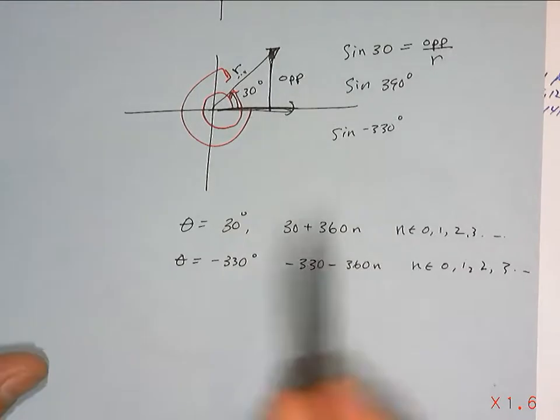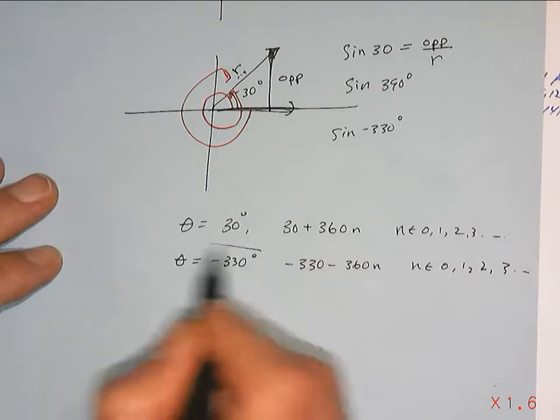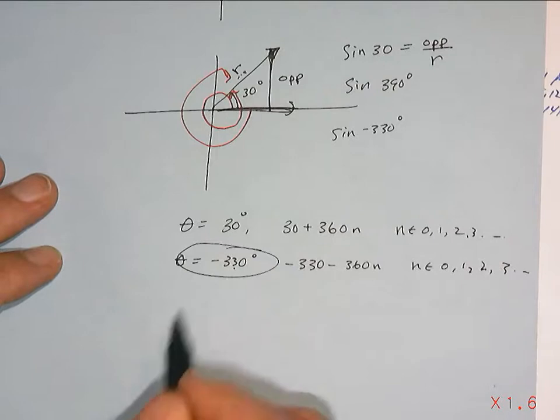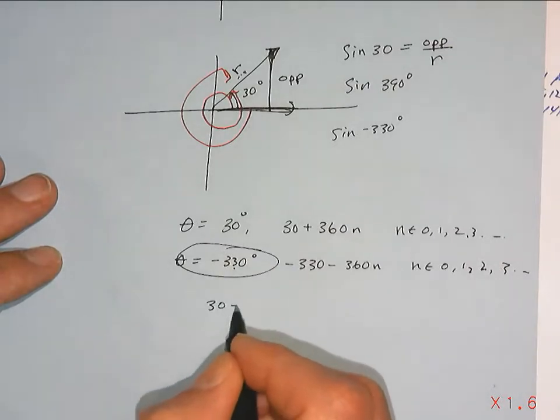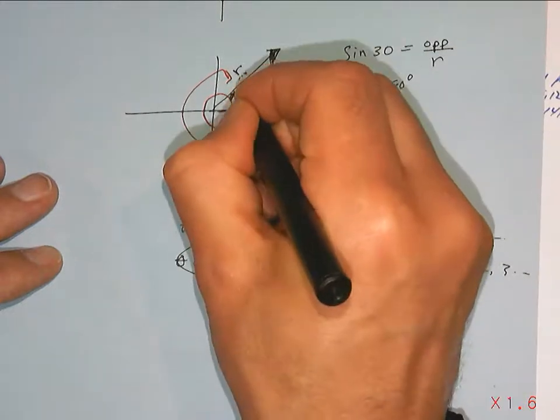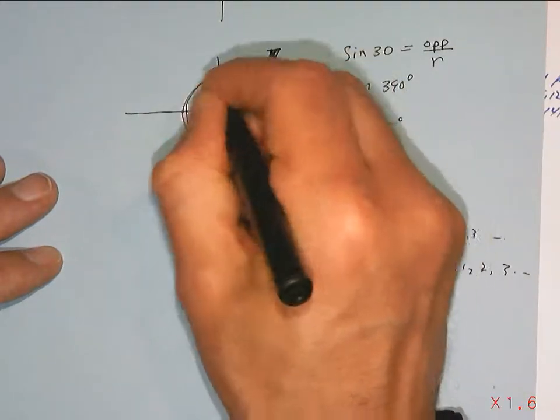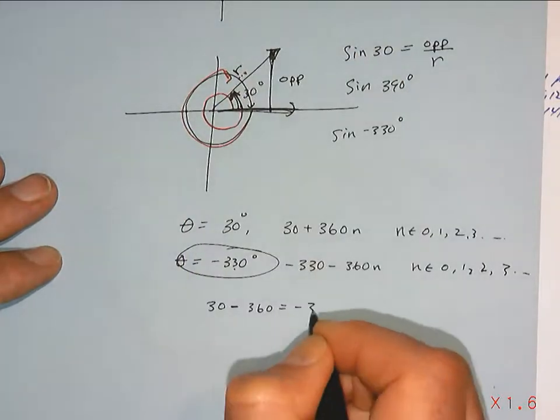However, in that last note, it shows it a little bit differently, and they do that by noticing that 360 can be found using my principal angle by taking the principal angle and subtracting 360 degrees. So here's my principal angle, and I'm going to subtract 360 from it. That'll give me the negative 330.